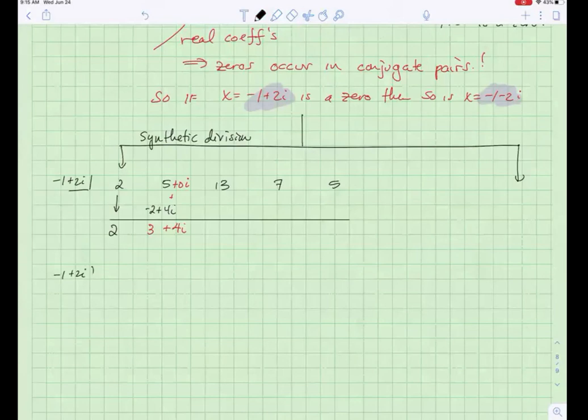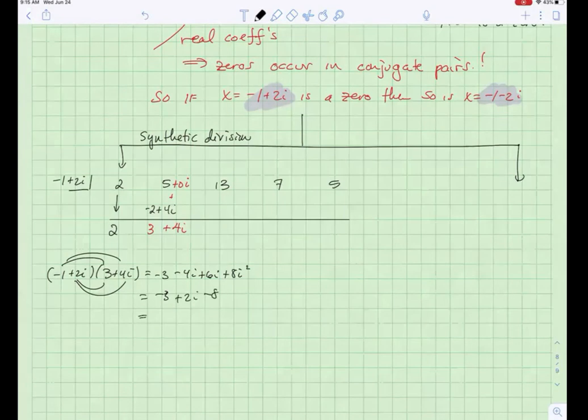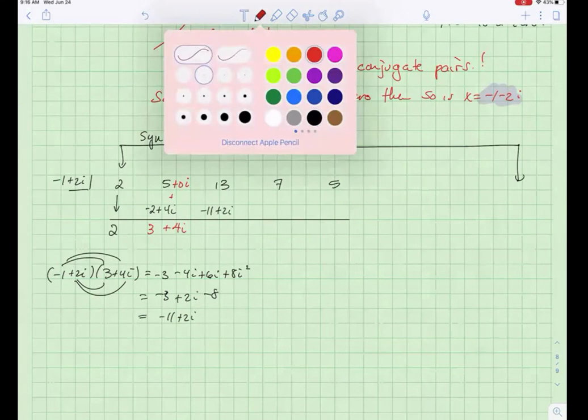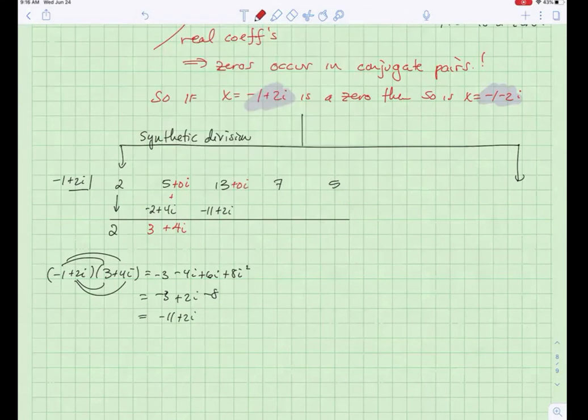Negative 1 plus 2i times 3 plus 4i is negative 3 minus 4i plus 6i plus 8i squared, which is negative 3 plus 2i minus 8, which is negative 11 plus 2i. So this is now negative 11 plus 2i. This is 13 plus 0i. We'll add those together and we'll get 2 plus 2i.